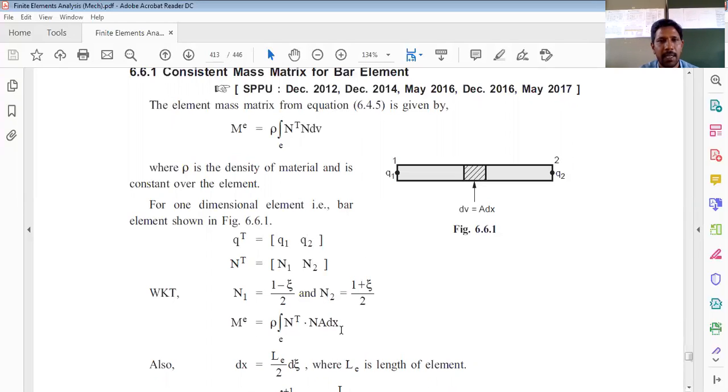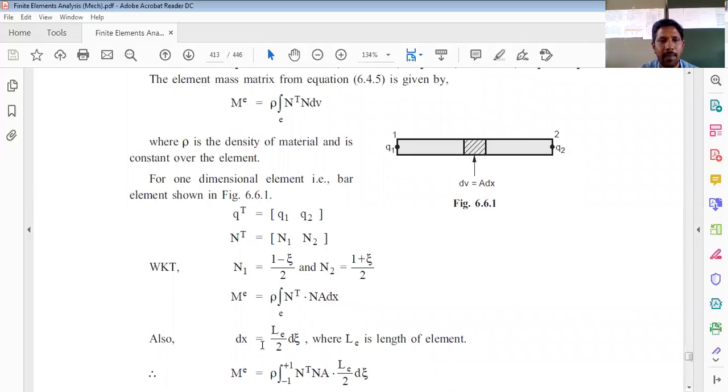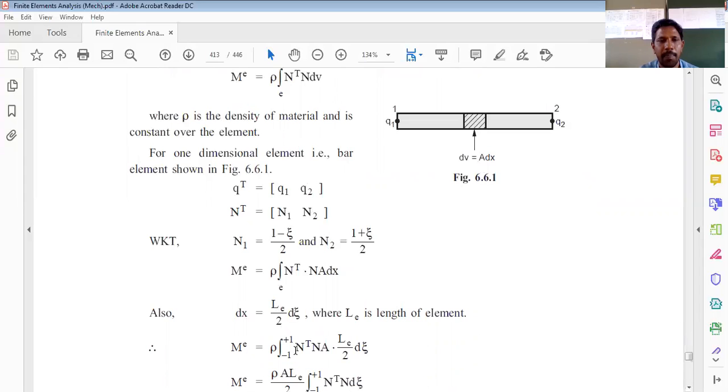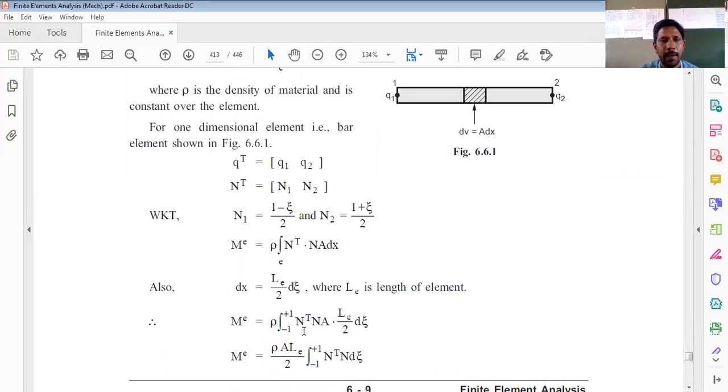dV can be replaced by A dx as shown in the figure, and dx can be replaced in terms of d zeta. We know that dx is equal to L by 2 into d zeta, so d zeta will be equal to 2 by L into dx. So we need dx only, which is Le by 2 into d zeta.